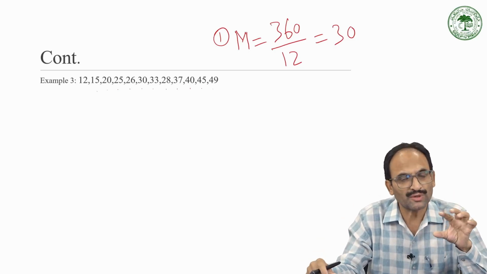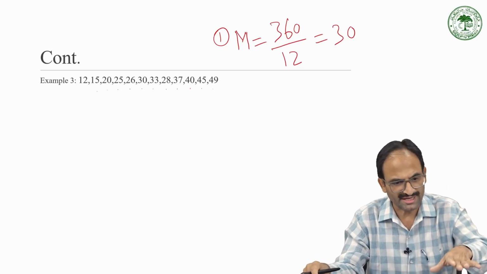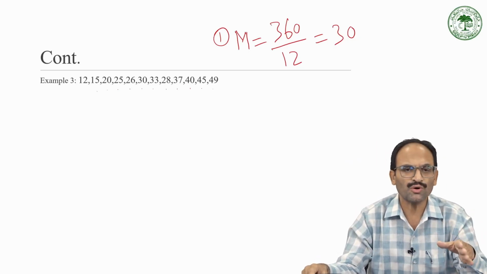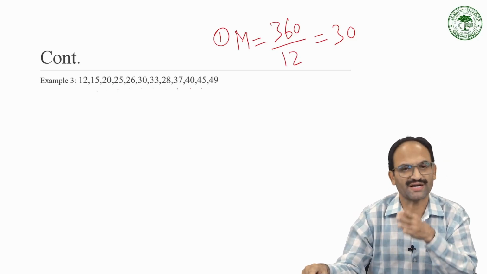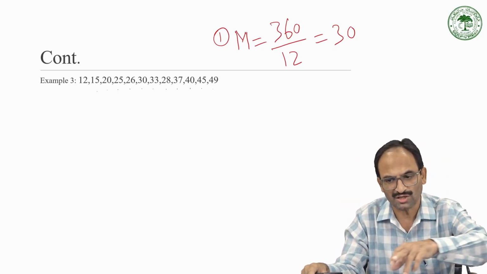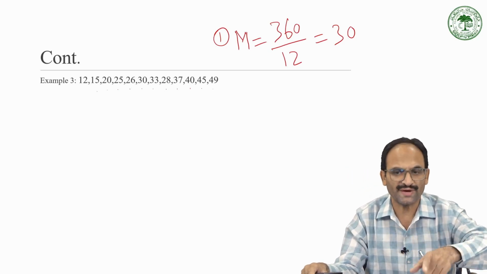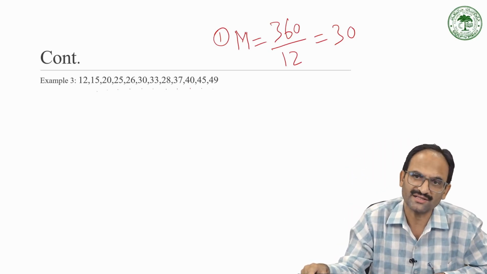You are going to calculate first the mean. And how you are going to calculate the mean? There are 12 numbers. So, find the sum of all the 12 numbers and divide it by 12. The moment you calculate the sum, you will find it is 360. So, divide 360 by 12. So, finally, you are getting the mean as 30.